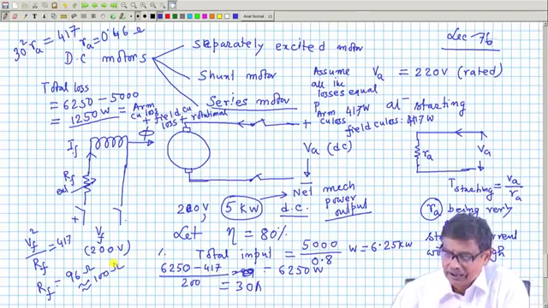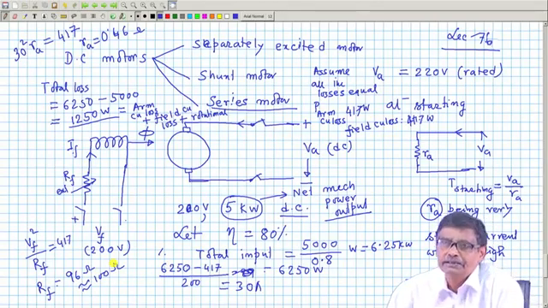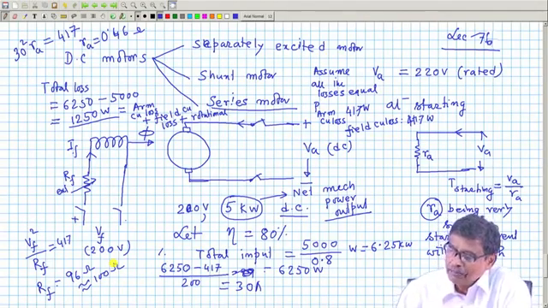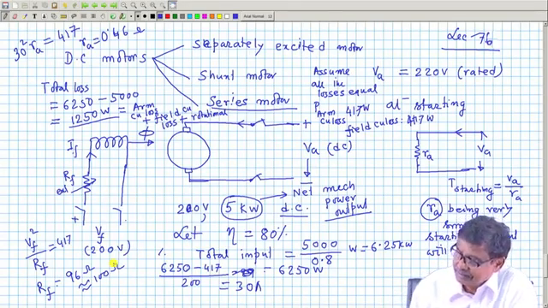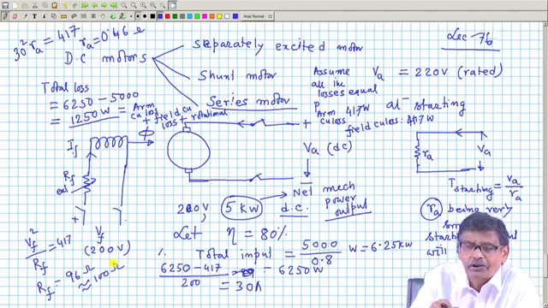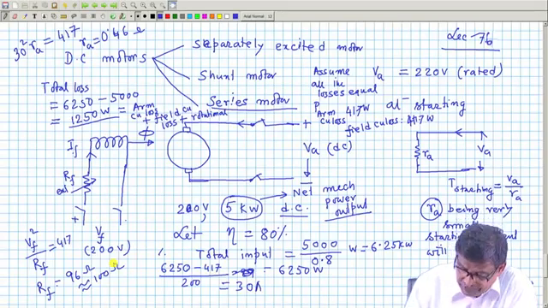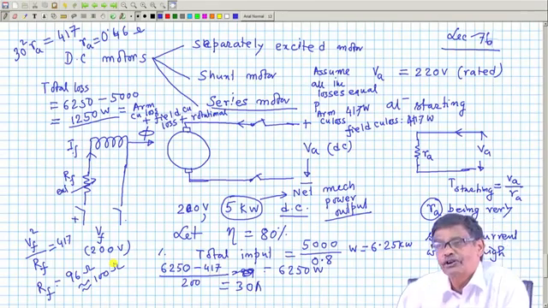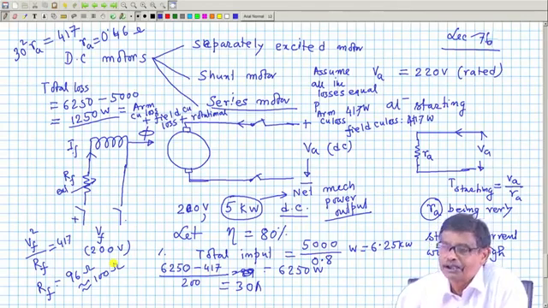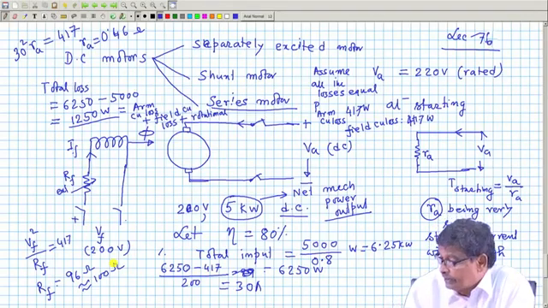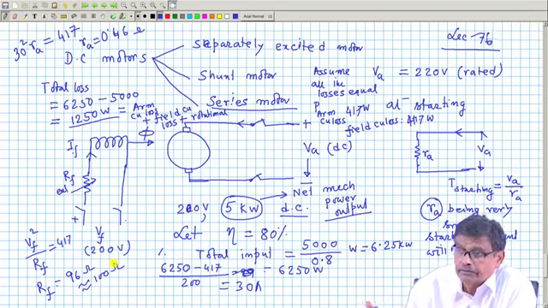So for a well designed DC machine like this, the armature resistance will be of the order of 0.46 ohm, 0.5 ohm or 0.6 ohm, and the field circuit resistance will be of the order of hundreds of ohms, maybe 120 ohm. These are not measured values at all.